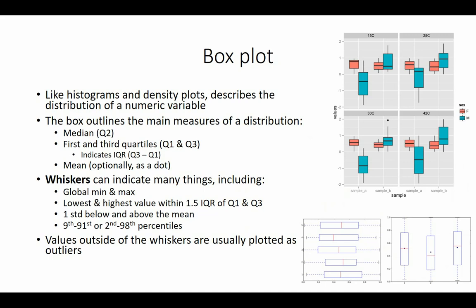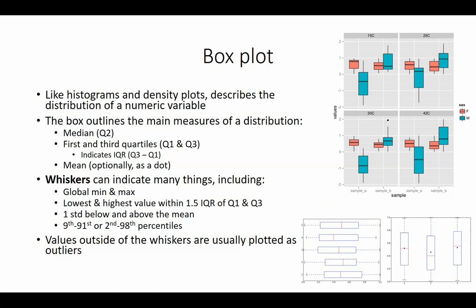The difference between them, the height of the box, is often called the IQR, the interquartile range. Sometimes you can also see the mean. By default most packages will not show it, but you can. For example, here on the bottom right, you can see dots in the middle of the boxes, which is the typical way to represent the mean. So you can see if the mean is higher than the median, lower, or about the same.